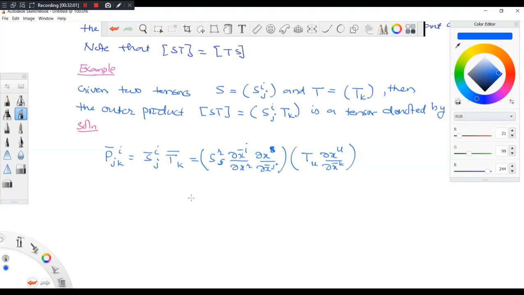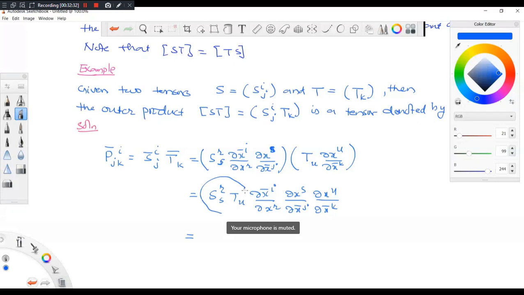Now I can put it as S_RS, then T_U, into del x bar i by del x R, del x S by del x bar j, del x U by del x bar k. I denote S_RS T_U by P_RSU.